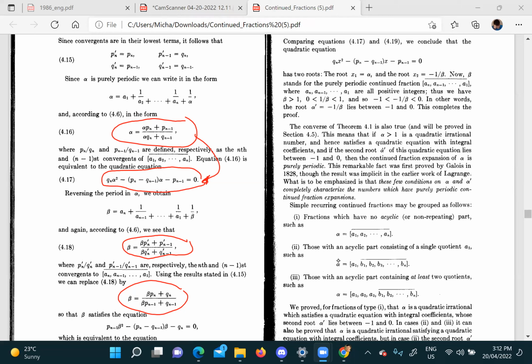But what's also true, and what makes it purely periodic, and probably what the definition of reduced quadratic irrational is, is that the other root of that equation can be obtained from the first continued fraction by reversing it and negative reciprocating the number. That's what we're proving right now.